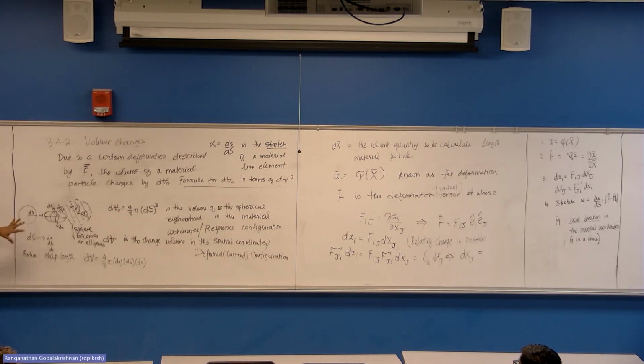Before the math kind of disorients you, can you tell in words what are we considering? We take a point, there is a small spherical volume around that point. You apply your loading, and that is described by F. That sphere will obviously deform into another shape, which will look like an egg or an ellipsoid. We are trying to calculate the volume of the ellipsoid. That's the story so far.